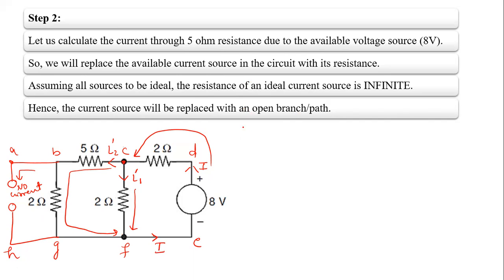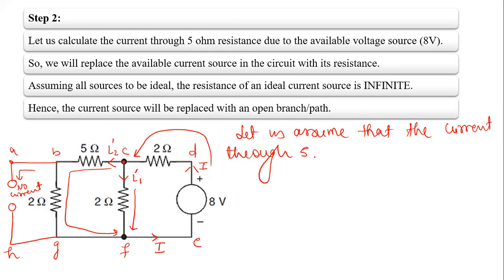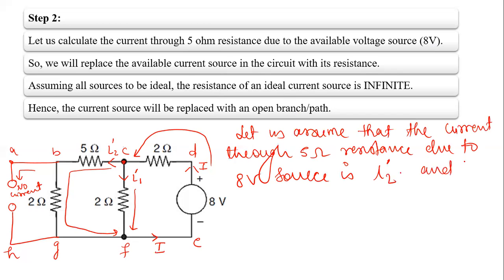So let us assume that the current through the 5 ohm resistance due to the 8-volt source is I2 dash, and the direction is from C to F. This is the direction, let us say.